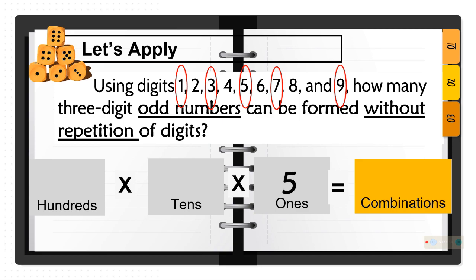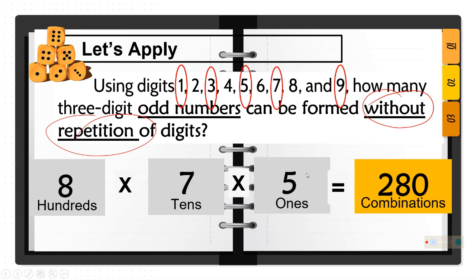Followed by the hundreds digit, which is 8, because you should have no repetition. And then the tens digit will be 7. So this becomes 8 since we already used one digit for the ones place, so we just have 8 for no repetition of a digit. So we have here 8 times 7 times 5 is equal to, correct, 280.